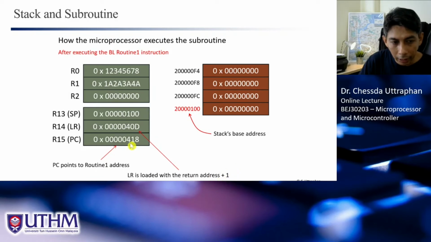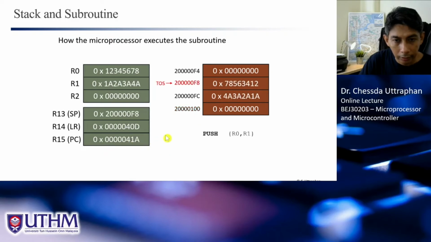And the PC will now point to the first instruction of the subroutine, 418, right? And we run the instruction in the subroutine until finished.